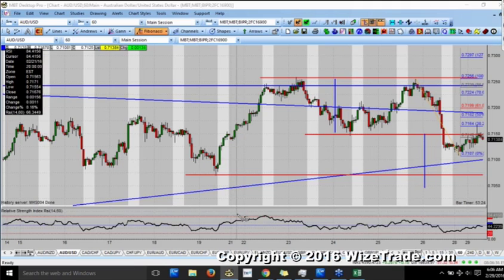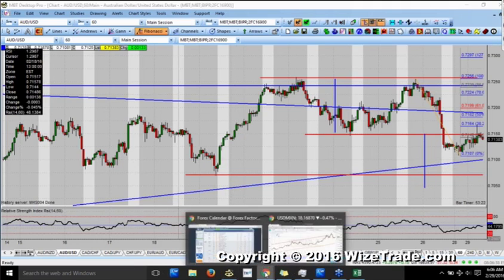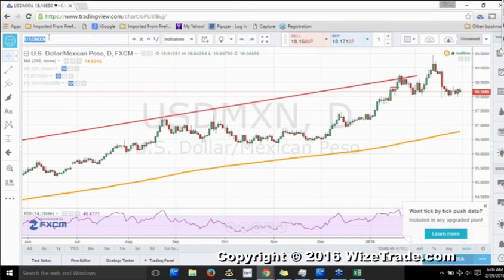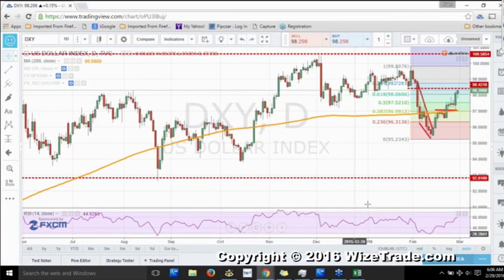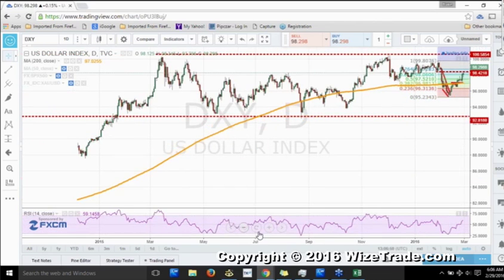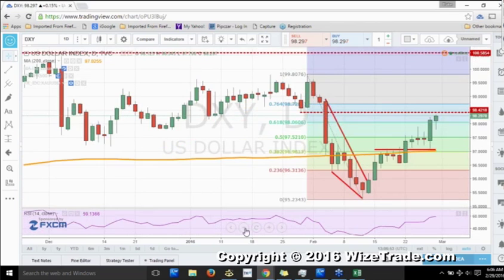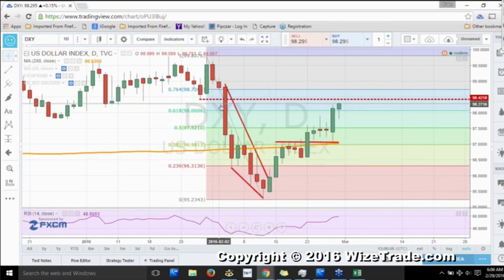All right, let's go over to the dollar index. So here's the dollar index, making a nice little move. Okay, we're pushing previous support, current resistance.